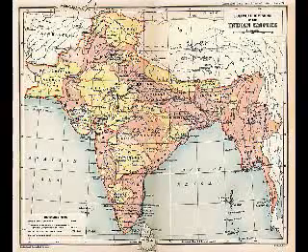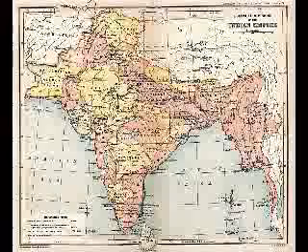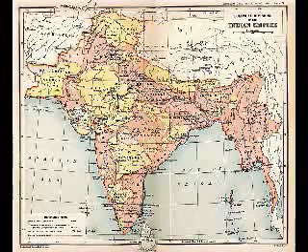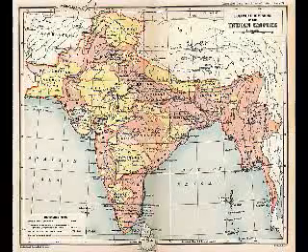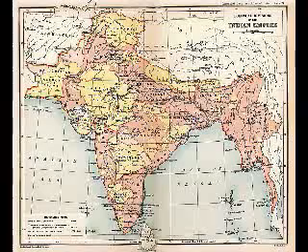In 1760, Mir Qasim ceded to the company the district of Burdwan, Chittagong, and Midnapur, and this was confirmed by the Mughal Emperor Shah Alam.